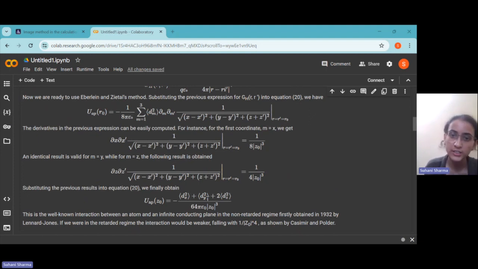In summary, the application of the Eberlein and Zietal method, coupled with the provided equations like G_H and the image charge method, allows us to quantitatively analyze the interaction energy between an atom and a grounded conducting plane, which provides valuable insights into fundamental physical phenomena.